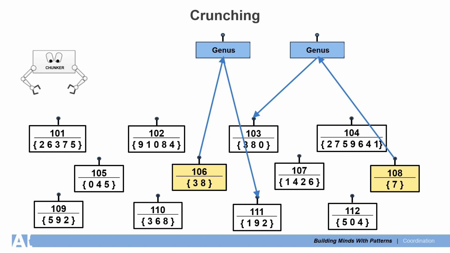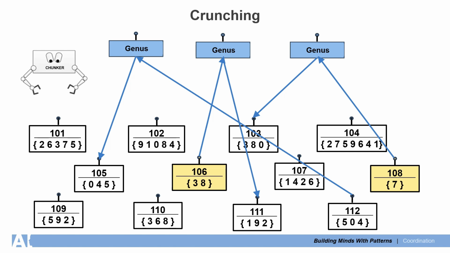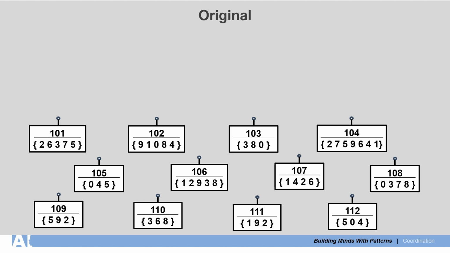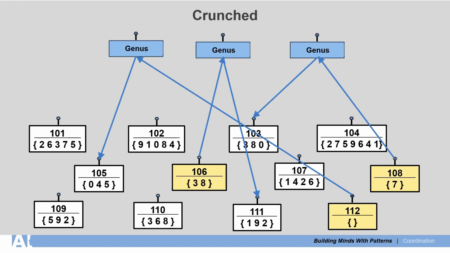We can eliminate the redundant items from the superset. Likewise with 112 and 105, both of which have the same elements. So we will eliminate all the elements from one of the schemes. So now we can compare the original to the crunched version.